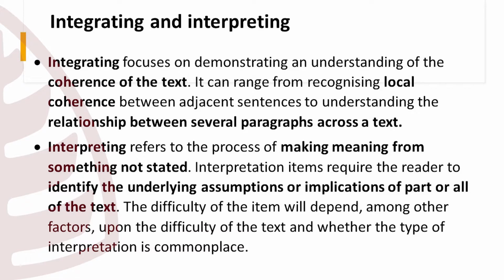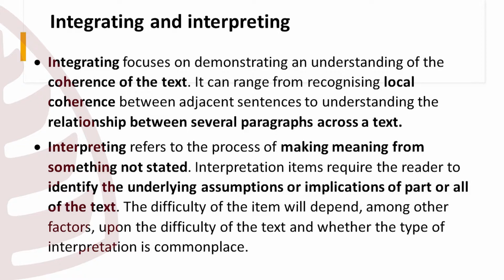The next cognitive skill is integrating and interpreting, and that is about students synthesizing information, tracking information between paragraphs, and identifying the coherence within each sentence or paragraph, so that they can make sense of the text that they are reading.